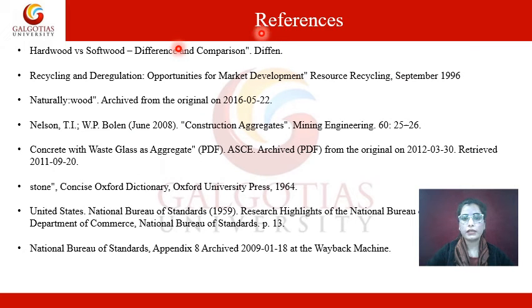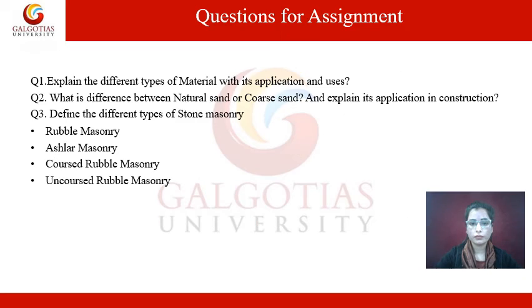In this slide some references are given. You can use these references for more detail about the different types of building material. At the end of the lecture, here are given some questions related to this lecture. Question number 1: explain the different types of material with their applications and uses.